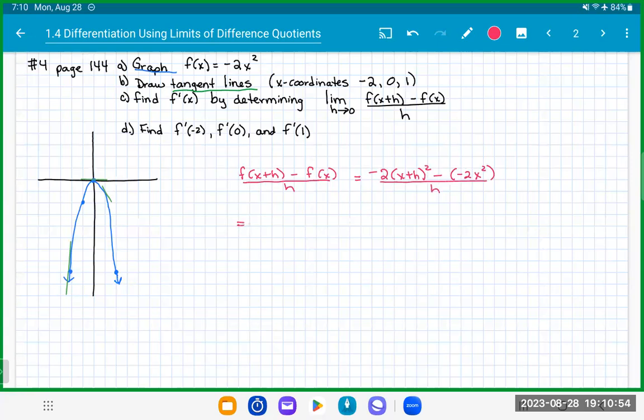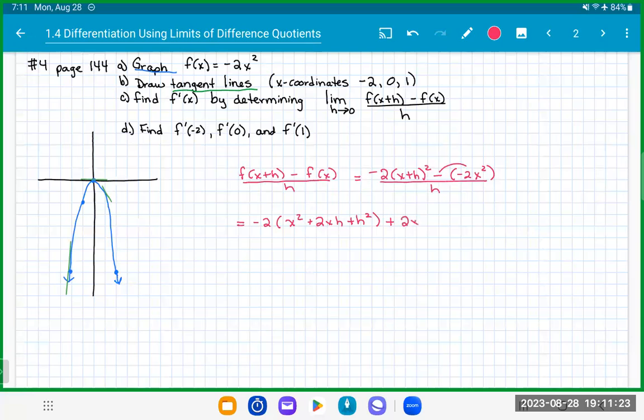Okay, we want to simplify this. So we have -2 times (x plus h times x plus h), which gives me x squared plus 2xh plus h squared. And then we'll just distribute this minus to this negative here. And this is going to give me minus times negative times negative is positive.